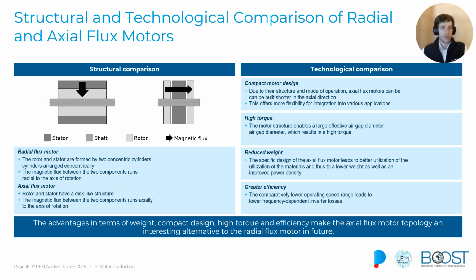The magnetic flux between the two components runs radially, or perpendicular to the axis of rotation. Within the axial flux motor, rotor and stator have a disc-like structure, and the magnetic flux between the two components runs axially to the axis of rotation, like shown in the drawing.